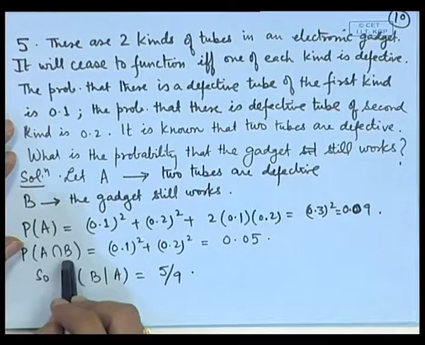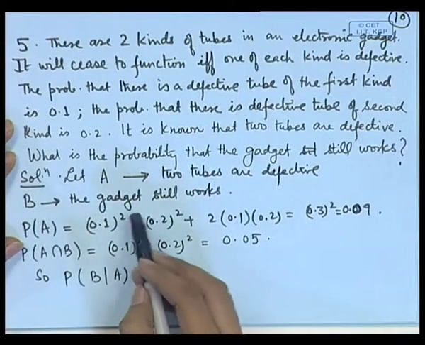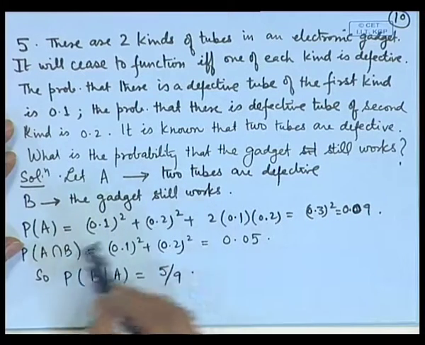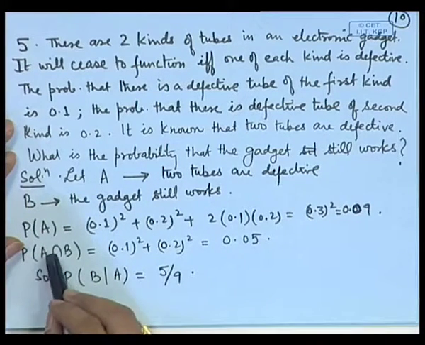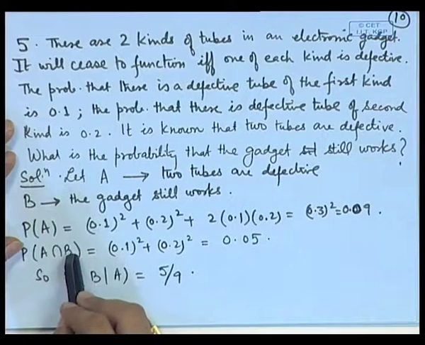Now, what is probability of A intersection B? A intersection B is the event that the gadget is still working and the two tubes are defective. That means, it ensures that we can't have one tube defective of one kind and another tube defective of another kind, because in that case the gadget will not be working.